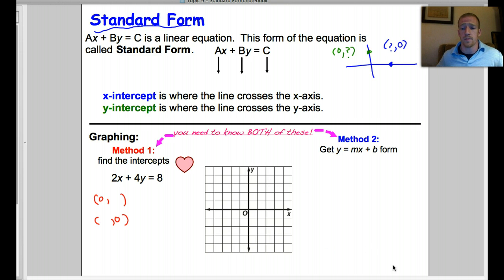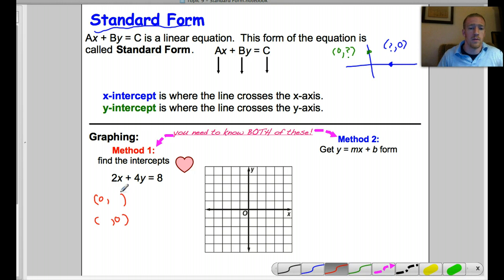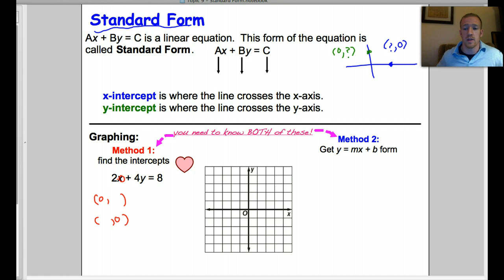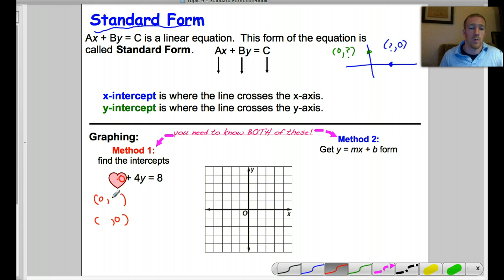So if I'm plugging a 0 in for x here, 2 times 0 is just 0, so really I'm just solving the equation 4y equals 8. If 4y equals 8, then y has to be 2.